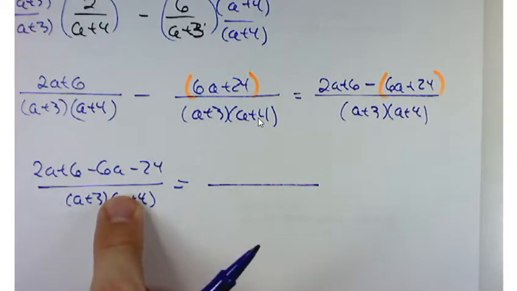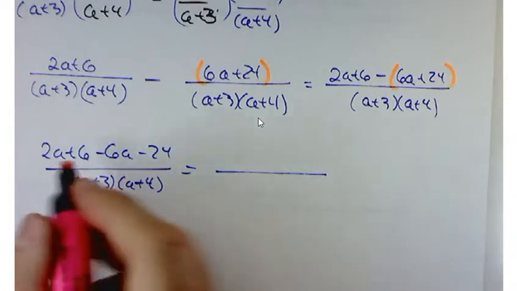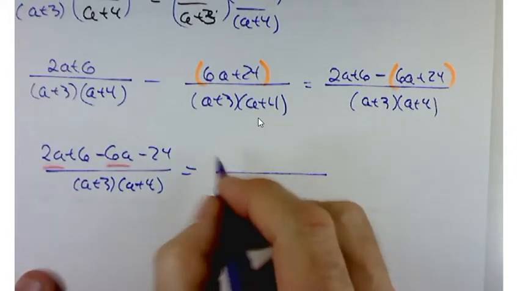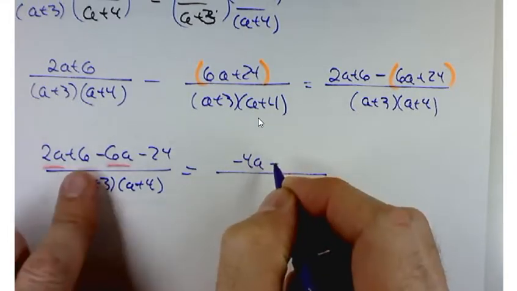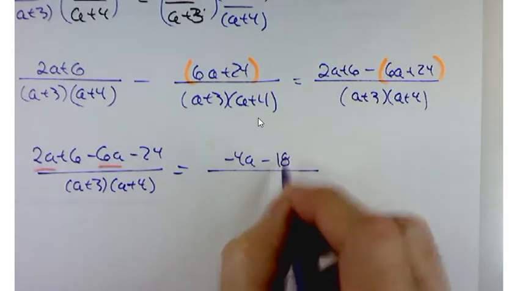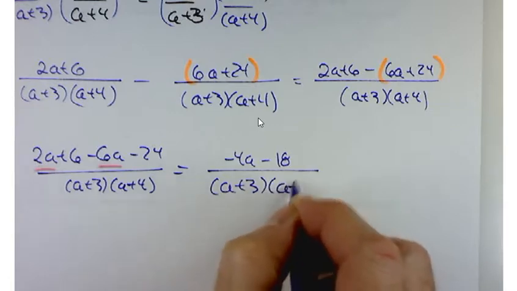I'm not done yet. I've got like terms that I can combine. Jacob, can you help me out with that? What do I get when I simplify that? Good. So negative 4a minus 18 over a plus 3, a plus 4.